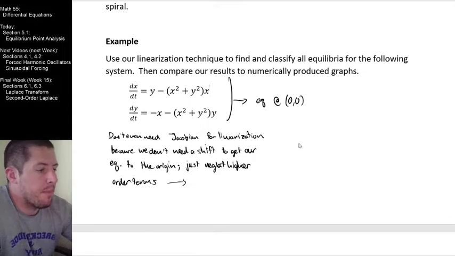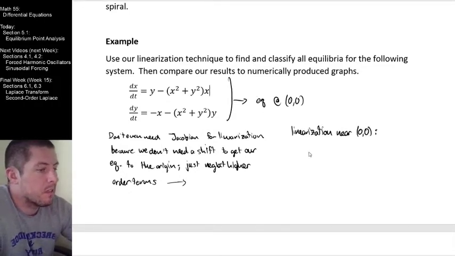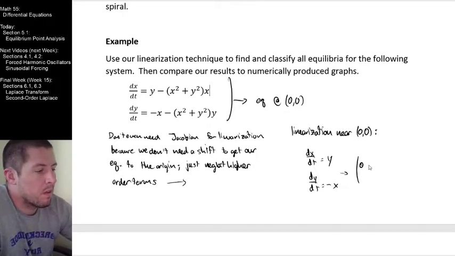So what I'm thinking that we're going to get here is that our linearization should look like this. Right?